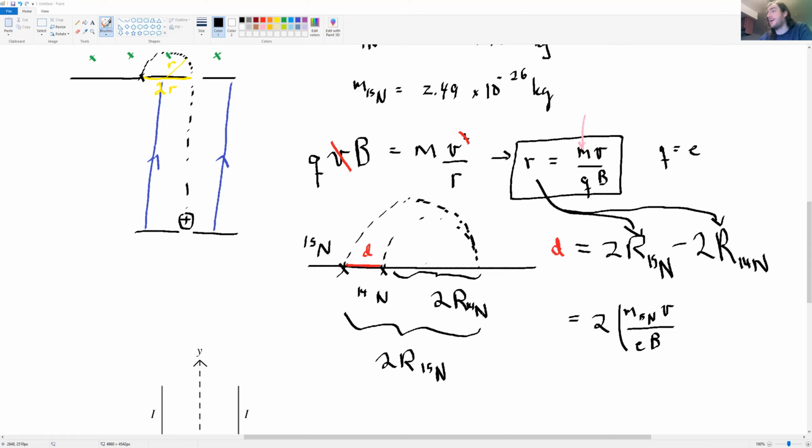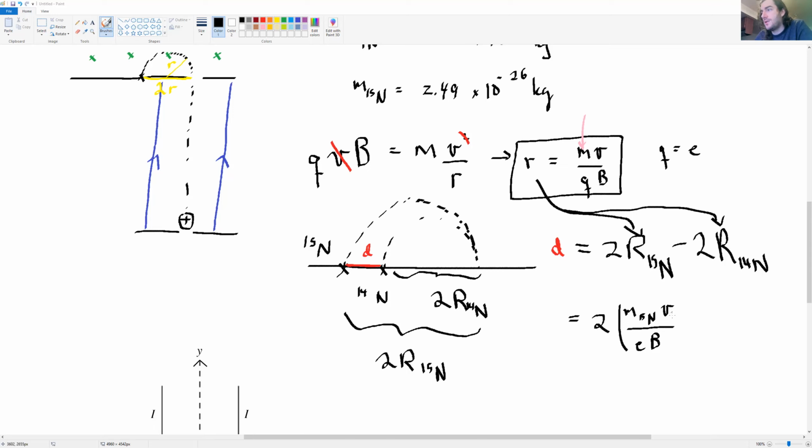Oh, it is a mass spectrometer. So we can figure out the velocity in another way, which is, I believe, E over B. That is for the velocity selector, I think, actually.